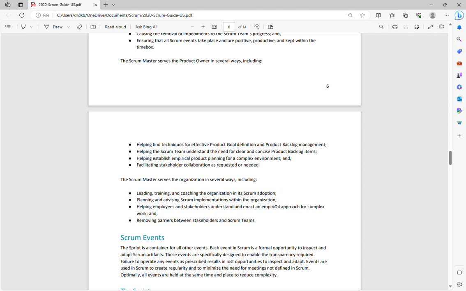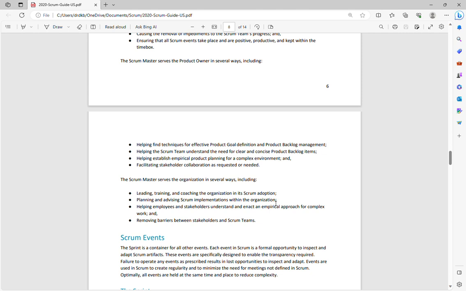Next is removing barriers between stakeholders and Scrum teams. This can be done by encouraging the team to have stakeholder collaboration, by facilitating a meeting if required between the Scrum team and the stakeholders, or coaching the team to do that.